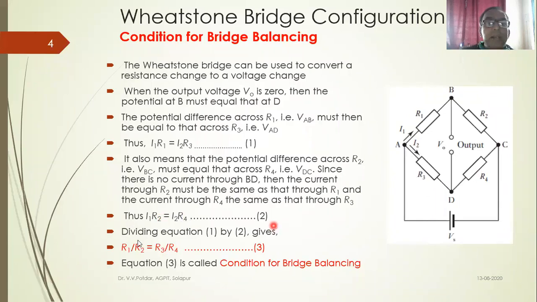Dividing equation 1 by equation 2, I1 gets cancelled, and R1 by R2 is equal to R3 by R4. Equation number 3 is called the condition for bridge balancing, or condition for initial balancing of the bridge.